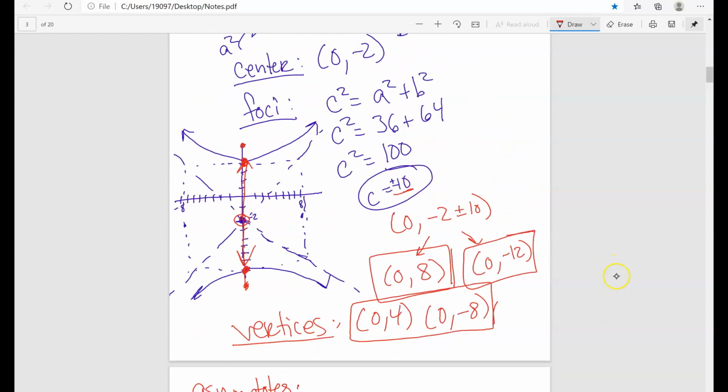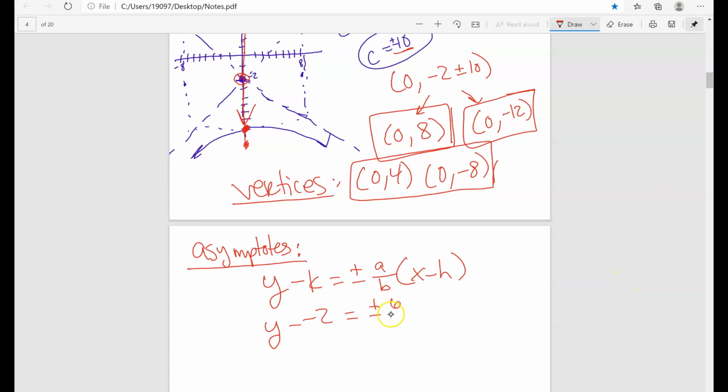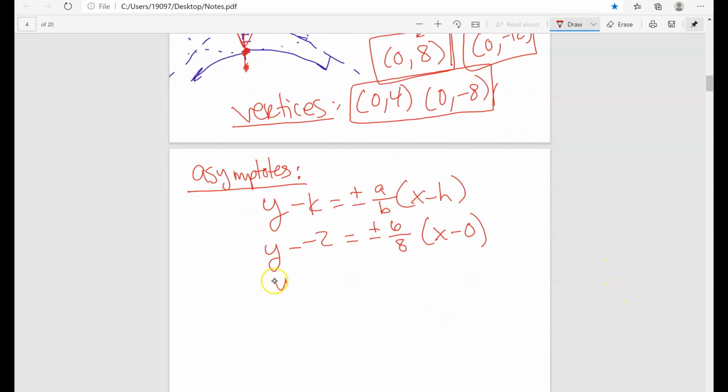A in this case was 6, over b is going to be 8, and then x minus 0. So you can just leave it like that, or you can reduce it. Y plus 2 equals plus or minus 6 divided by 8. That thing is just going to give me 3 over 4, and then x. So this guy is going to be my equation of the asymptotes.